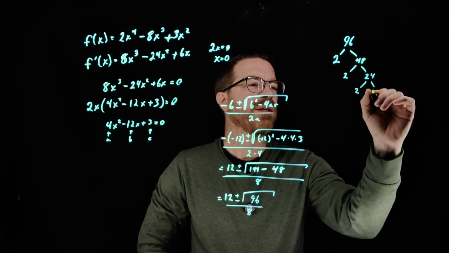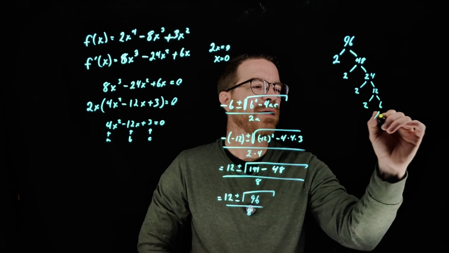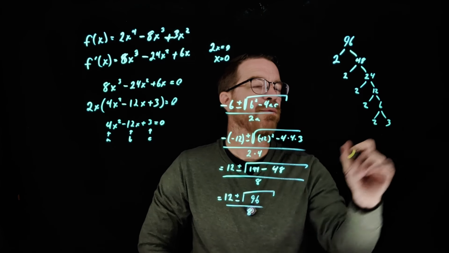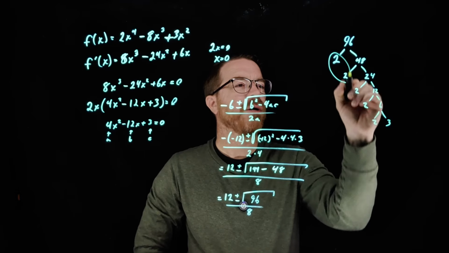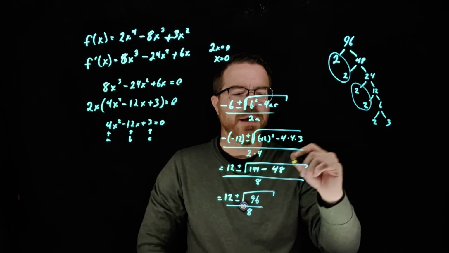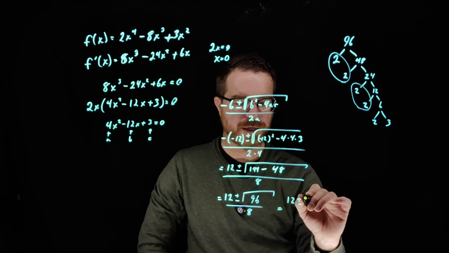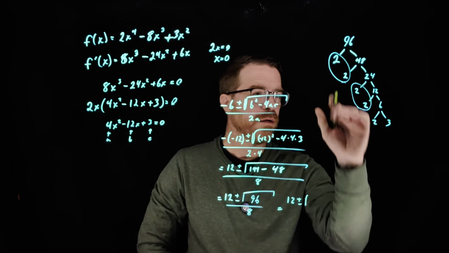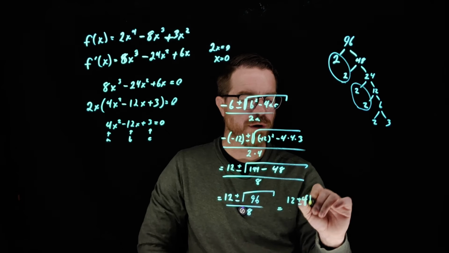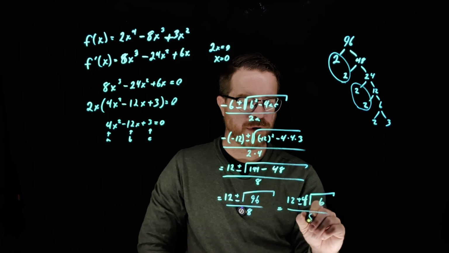Pull another 2 out. This is going to leave me with 12. Pull another 2 out. This is going to leave me with 6, and then this is going to be 2 and 3. So I can pull out a 2, I can pull out another 2, so 4. So this is going to be equal to 12 plus or minus, I said 4, 4 times the square root of 2 times 3, which is 6, over 8.